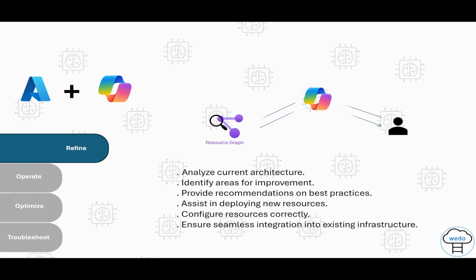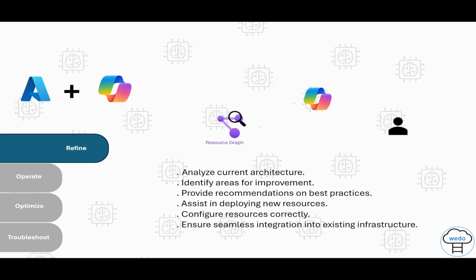For example, we can analyze the current architecture, or let's say Copilot scans or checks all of the resources that you have in your environment, checks all of these resources together, and analyzes how your current architecture looks. Besides that, it uses the architecture that it has already scanned to identify areas for improvement. And it's really great, and you can test it.